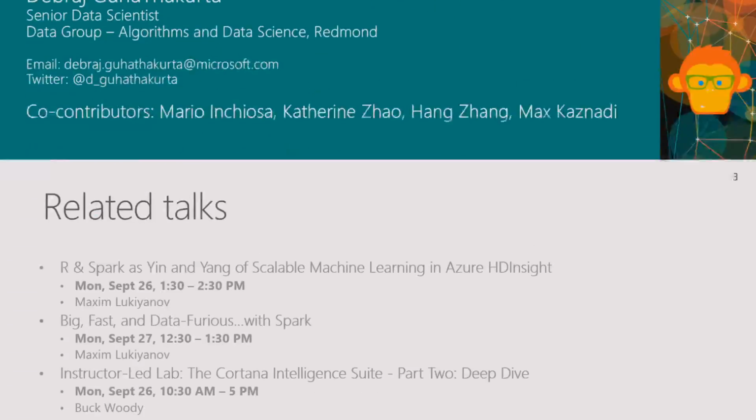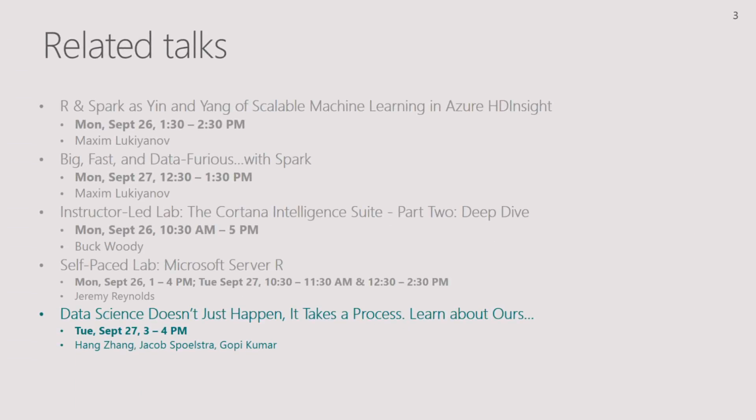So I'd like to mention a couple other things. First off, there are quite a few related talks. I'm hoping you were able to attend a few of them, but if not, I think the slides and the videos will be available from Channel 9, so you will be able to take a look at them. Now, most of them have already been delivered, so that's why they're in lighter gray font.